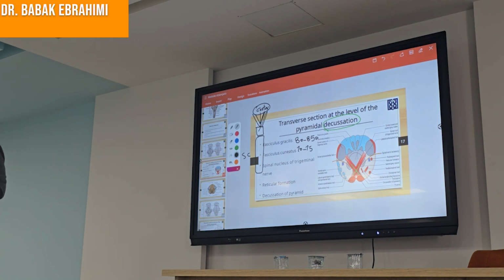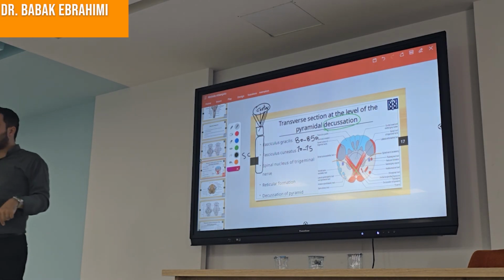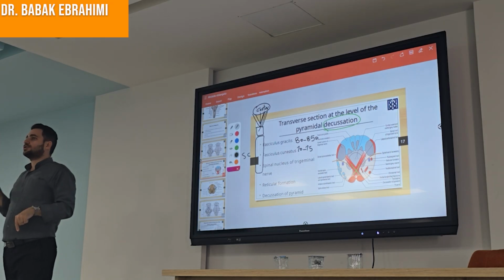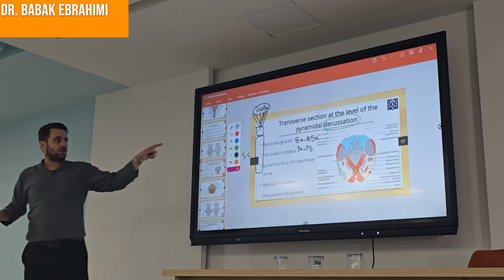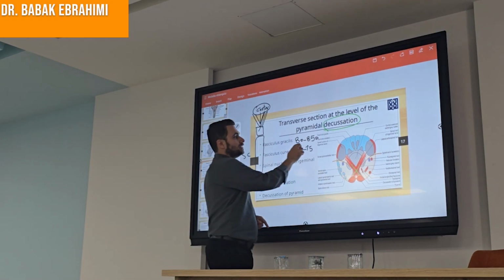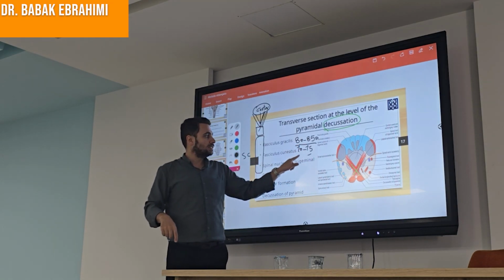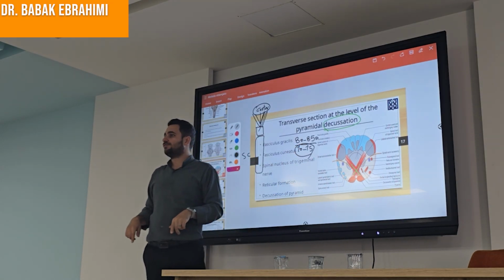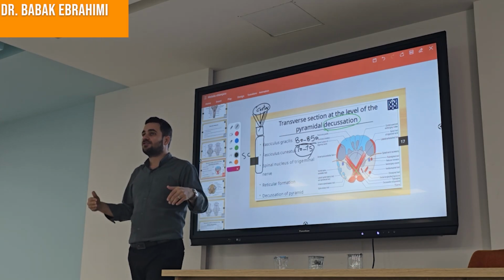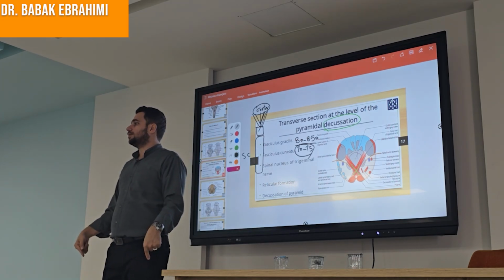But you must know that all the descending fibers, all the motor tracts, which start at the cerebral cortex and want to go to the spinal cord, must cross. But I wrote it for you. 80 to 85% cross in the pyramid. What about this part? 10 to 15%.